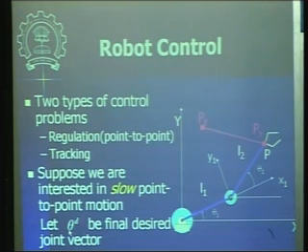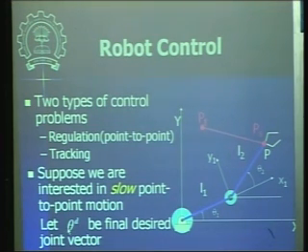And then you term theta d as the final desired joint vector. Now you know, by using inverse kinematics you can always find the final joint positions corresponding to the final end effector position, okay. So you have to do that before you proceed to the development of control, okay.